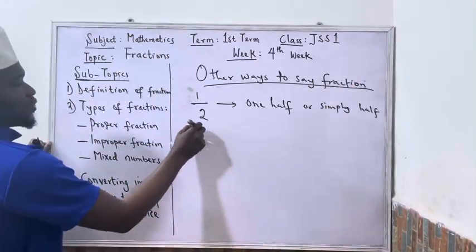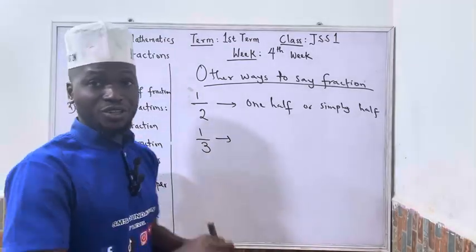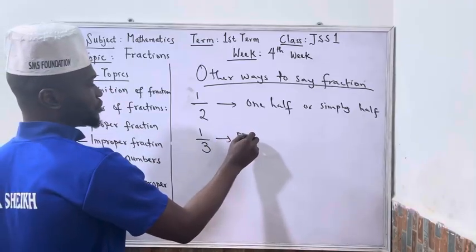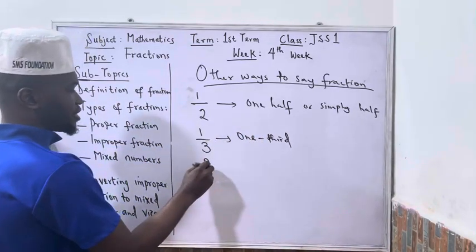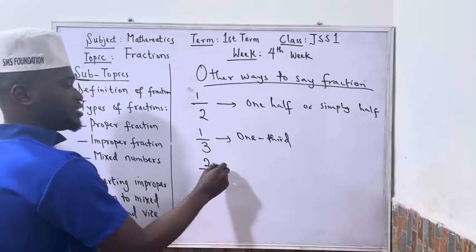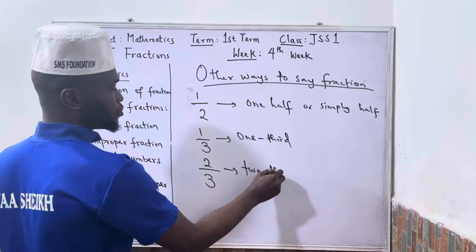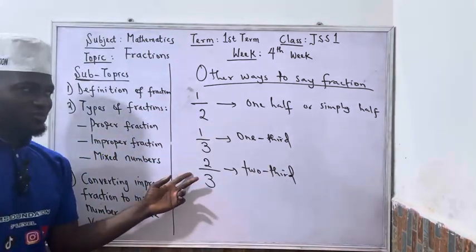Good. So 1 over 3 can be called 1 over 3. You are right. But we can also call it 1/3. That means 2 over 3, we can call it 2/3. So this is another name for all these fractions.